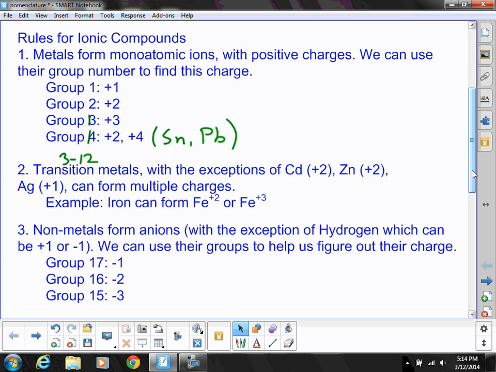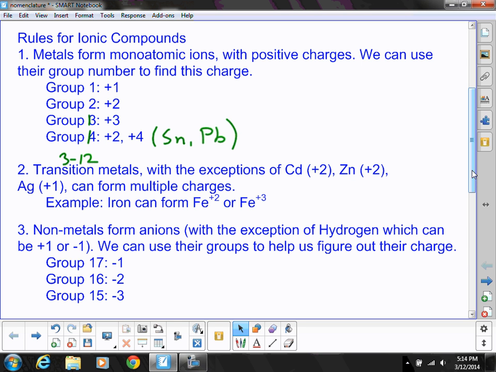And we talked about that with tin and lead the other day. For tin and lead, in group 14, they can be tin 2 or tin 4, meaning that tin with a +2 charge or tin with a +4 charge. Well, transition metals, most of them have that behavior. And so, for instance, iron can form iron +2 or iron +3, or iron 2 ion or iron 3 ion.